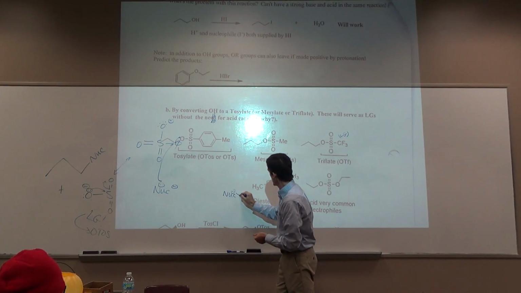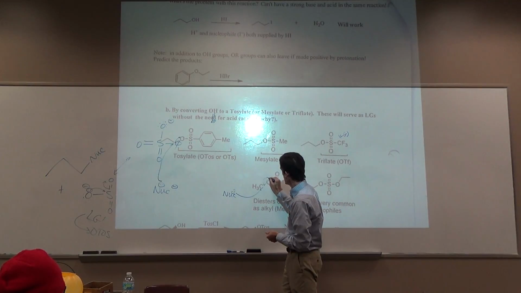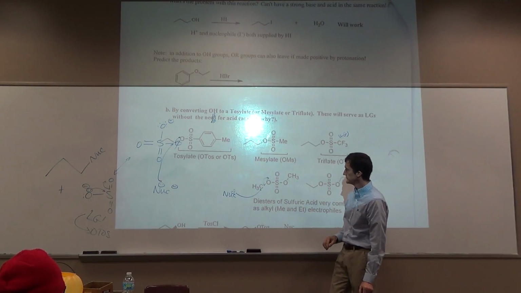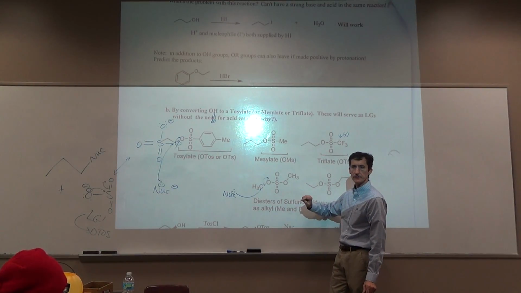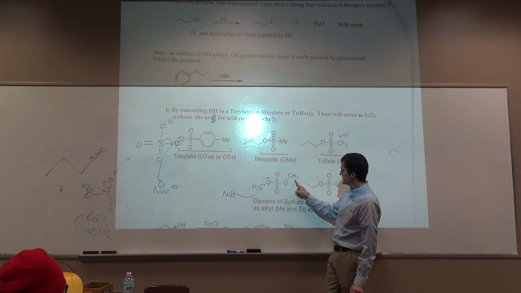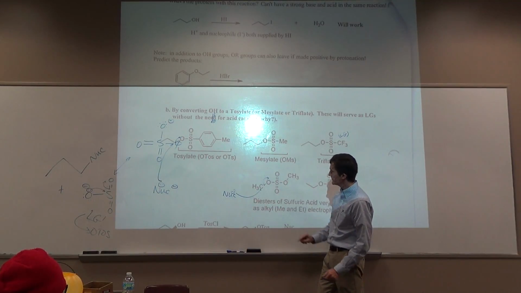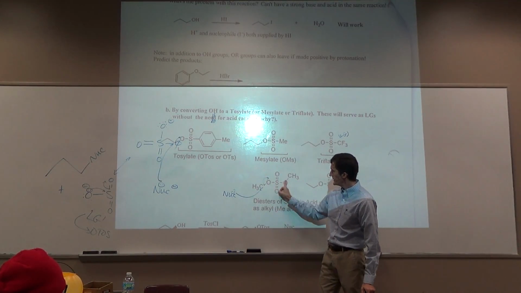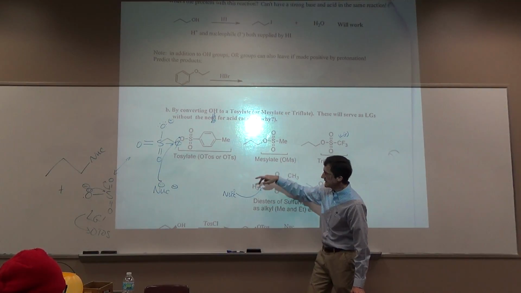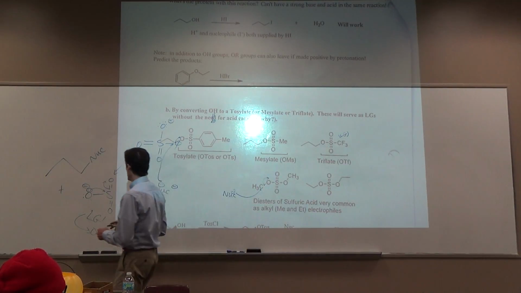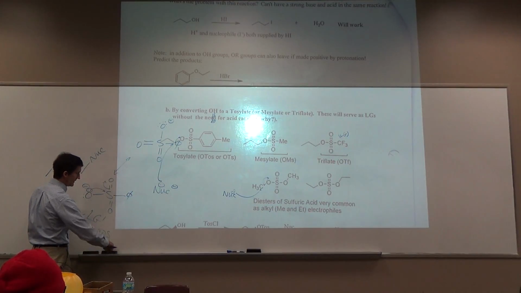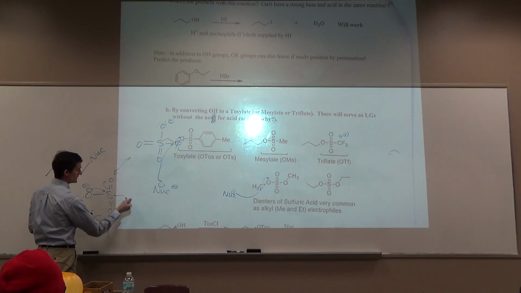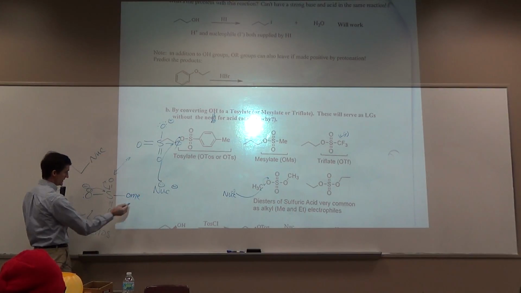Our nucleophile could come in here and attack the carbon and kick off the tosylate. Well, it can also do it with this dimethyl sulfate. You can actually attack on either side, because you can attack here and kick that off. But when you kick that off, you'll have an oxygen anion, which will be resonance stabilized. I erased my ring. But instead of a ring, we could just have another O-methyl, and it's still a leaving group.